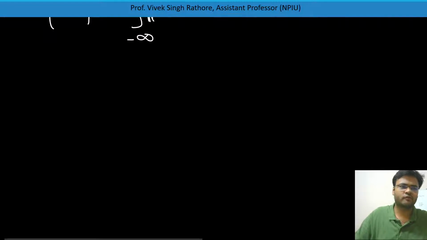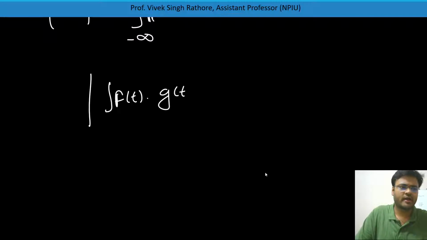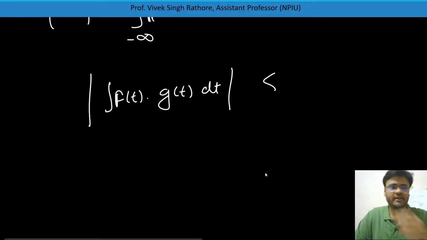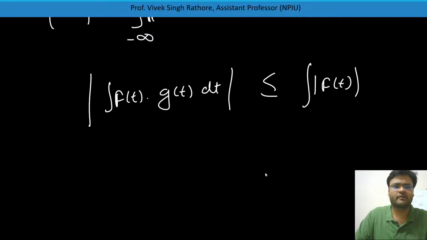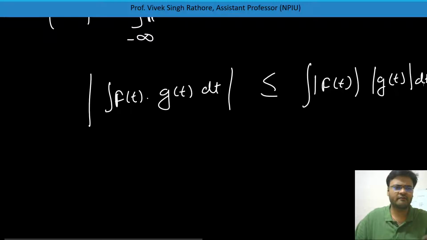If we apply the Schwarz inequality, the magnitude of f of t into g of t can be bounded by the product of the magnitude of f of t and the magnitude of g of t, integrated over dt. We can apply that here also.